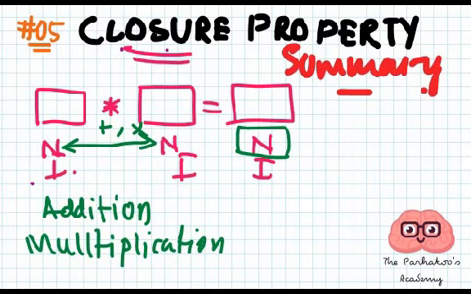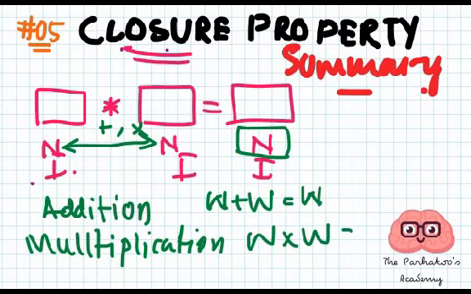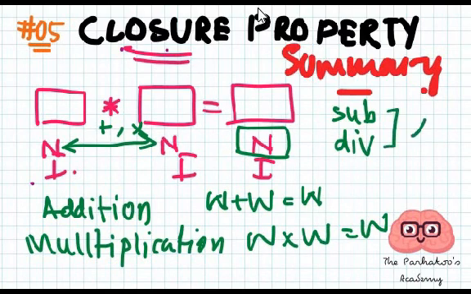If you are adding two whole numbers, you will get a result which also belongs to the whole numbers. And if you multiply two numbers, you would always get a result which belongs to the same set. Subtraction and division do not always follow the closure property.